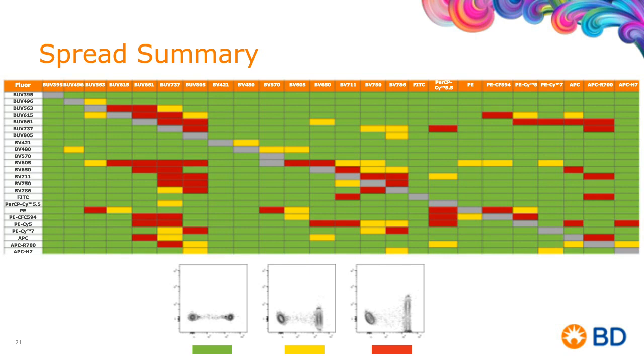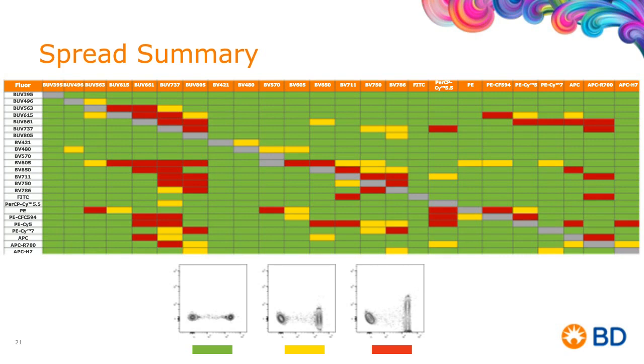Remember, the greatest spread matrix is going to be the one where you have a well-balanced panel, and then when you put it into a spread matrix, it should look real green with very few problems. But this is usually where we start when we take something like CD4 or CD8 in every color and we develop these.